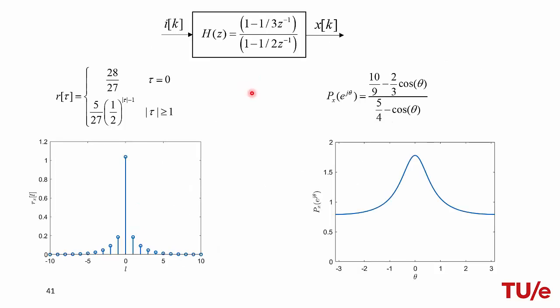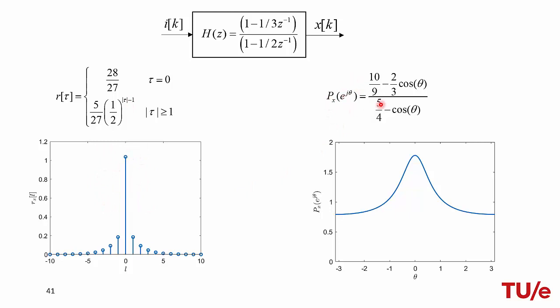To wrap up, we were asked to calculate the autocorrelation function and the power spectral density for a signal X that was obtained by filtering innovation by a system defined by this system function. And we calculated the autocorrelation function, given here by this formula and represented here by this plot.